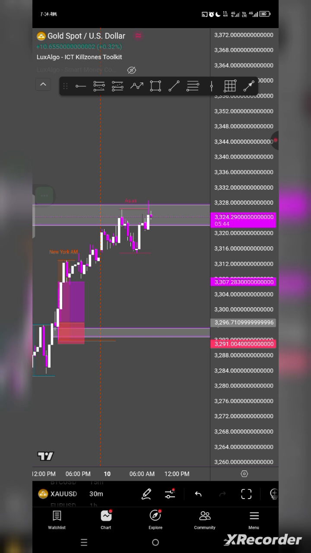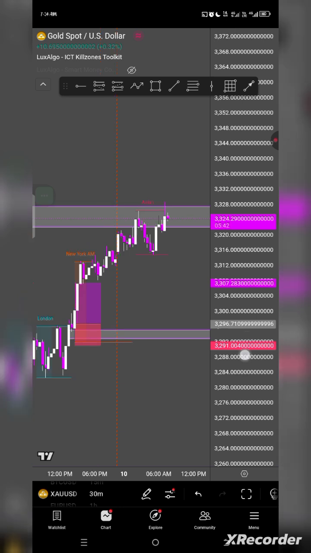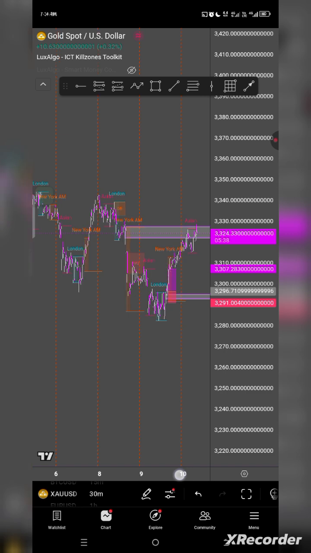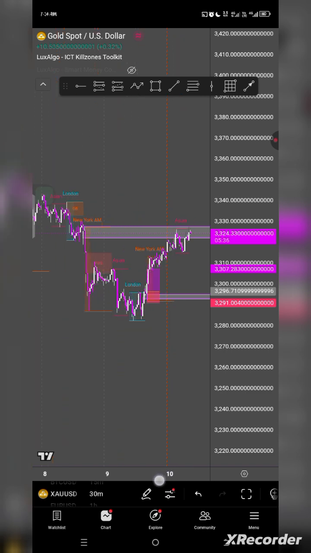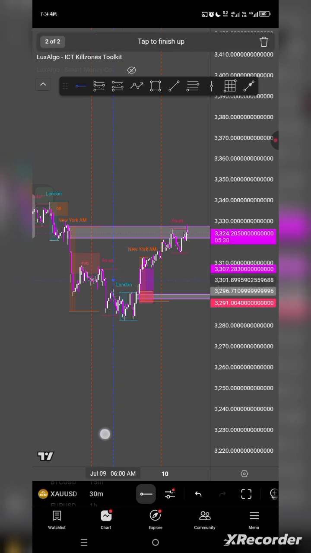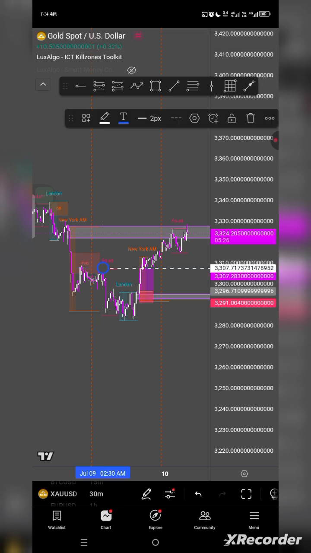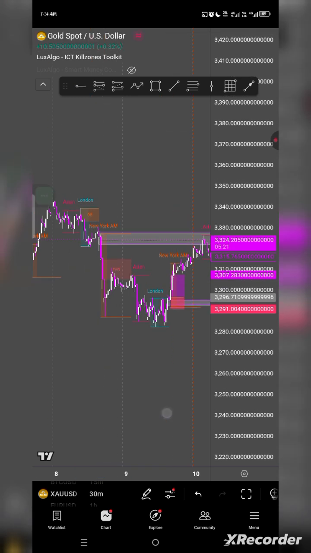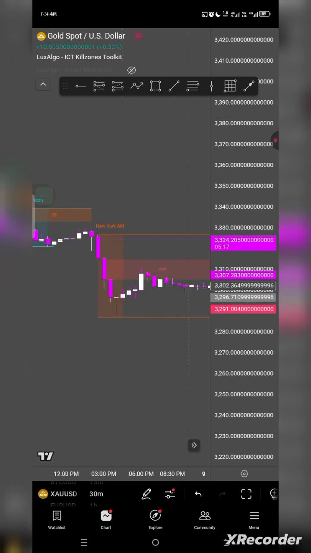I think I'll be taking this trade this morning, but I want to look out for liquidity. So this is actually a solid trade. We had a change of character around here. Okay, I want to refine the zone.